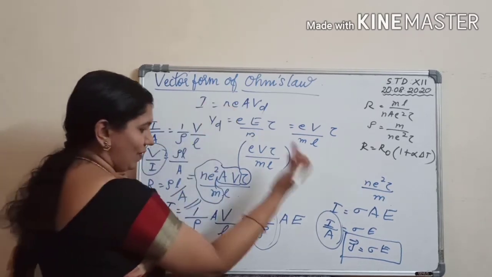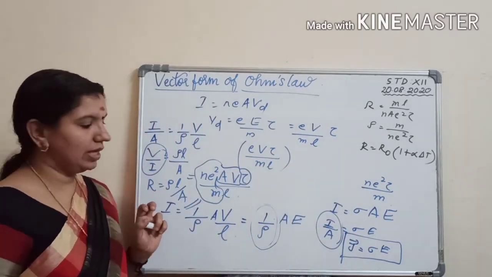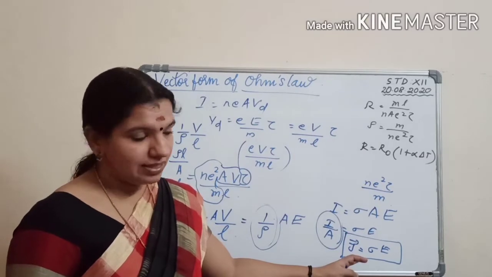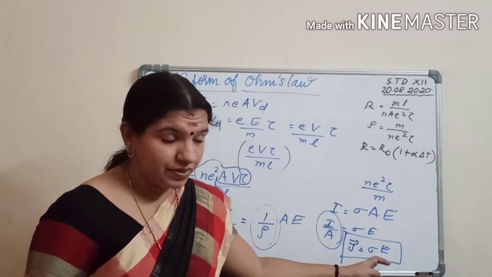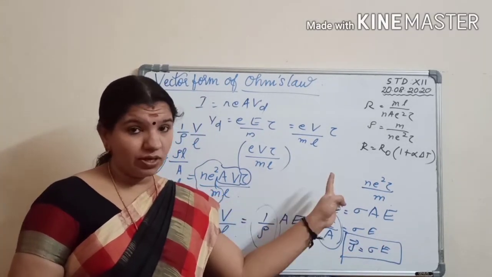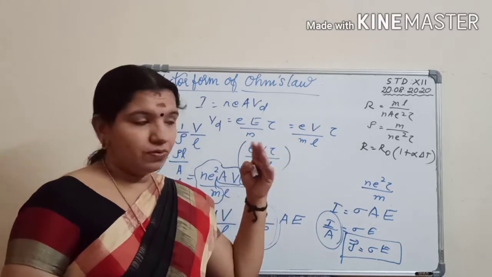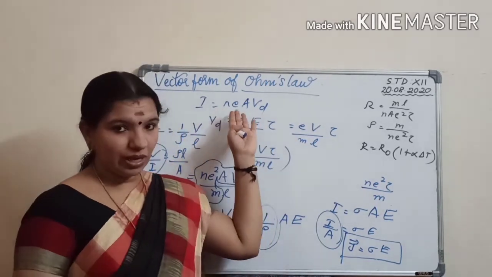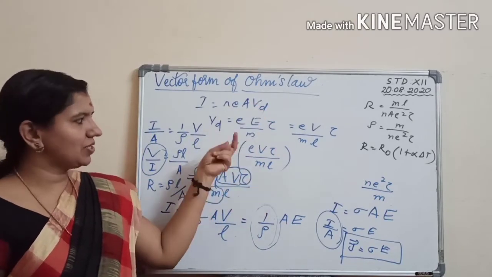Now making it into a vector, I get the expression J vector is equal to sigma into E, where J is the current density, sigma is the conductivity, and E is the electric field. Very important. So the vector form of Ohm's law can be derived from our former equation I equal to n e A v_d, then substituting the value for v_d, simplifying and rearranging.